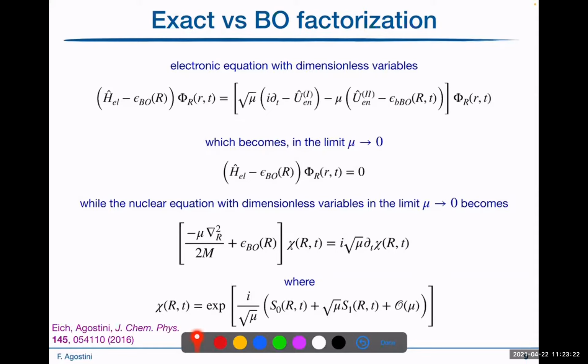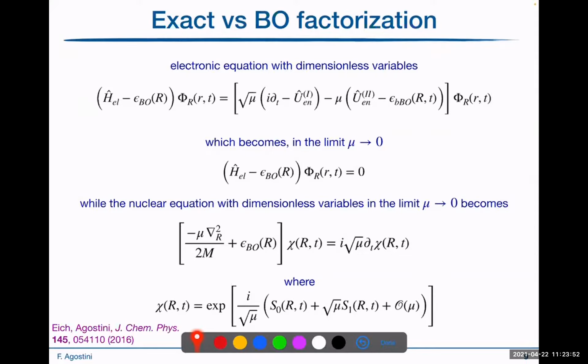Because if you suppose that your nuclei are described by a wave packet, it makes sense to expect that the nuclear wave packet changes as the masses of the nuclei change. So if the mass increases, one would expect that the nuclear wave packet would become more and more localized. So we cannot neglect the mu dependence of the nuclear wave function.